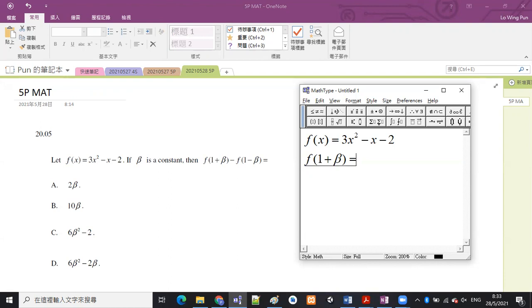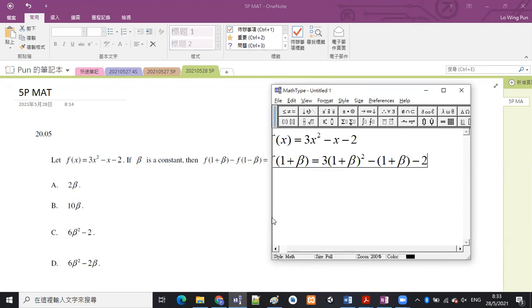It will be more secure if you put a pair of brackets. We have 3 times x squared, which becomes 3 times (1 + beta) squared, minus (1 + beta), and then minus 2 is just minus 2.